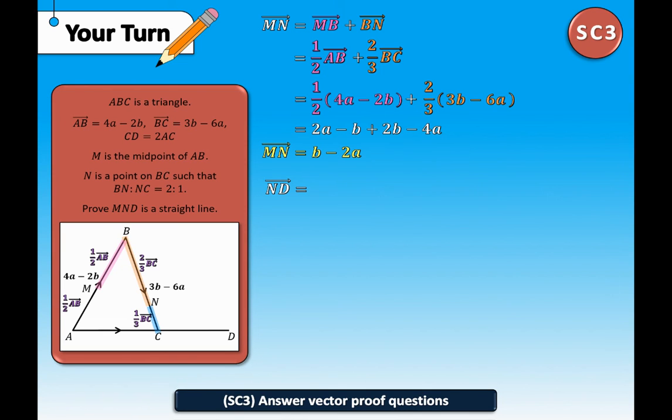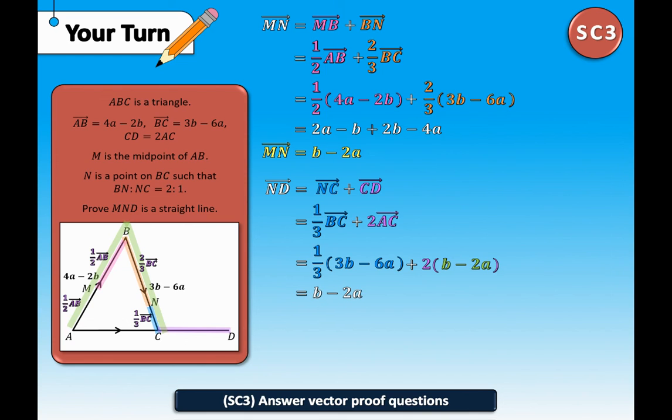ND is NC plus CD. So NC is 1/3 of BC, and CD is 2 lots of AC. So we need to work out what BC is. BC is 3b minus 6a, and AC is b minus 2a.